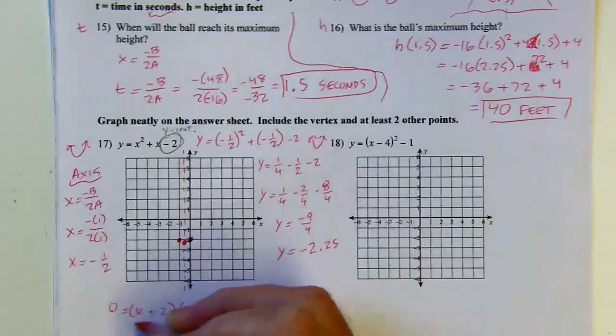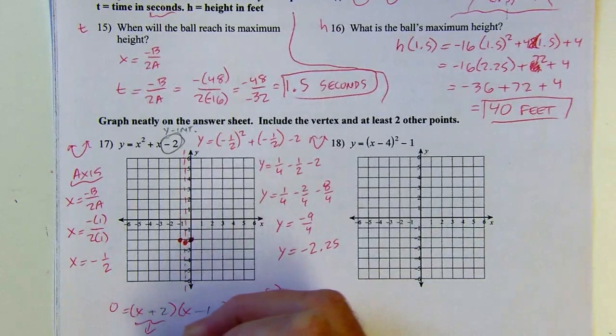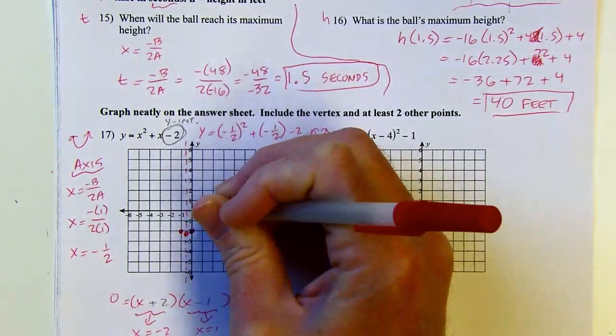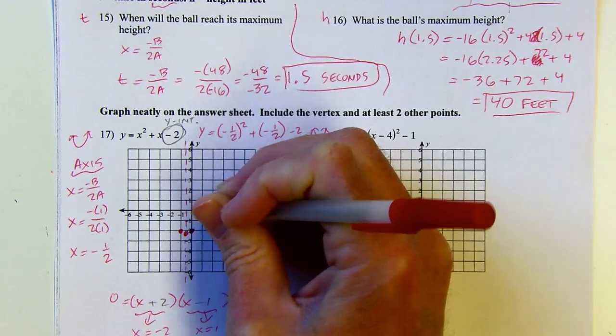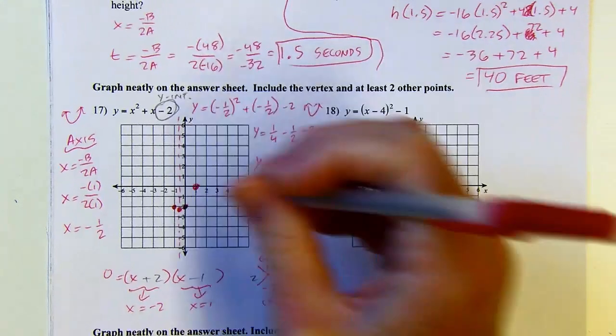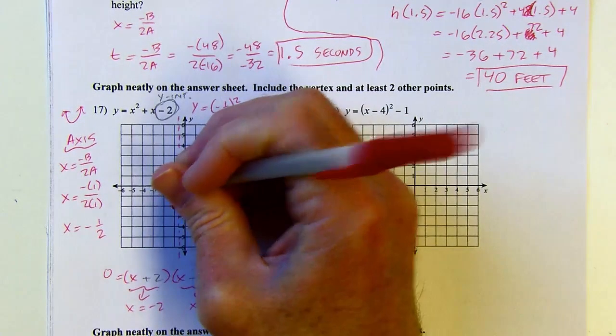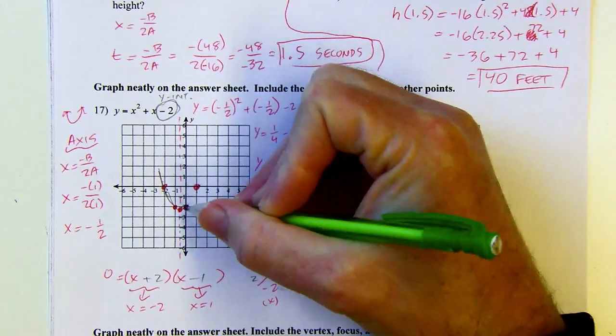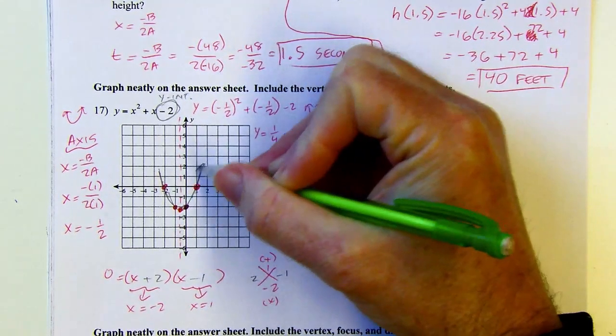And that means x would equal negative 2, or x would equal 1. So that'll give me an even better picture. There's my x-intercepts. Okay, and now I've got a really good idea of what this is going to look like. There we go. Got some nice points.